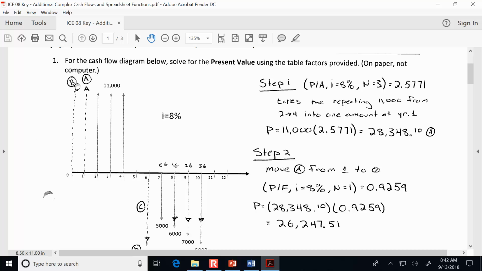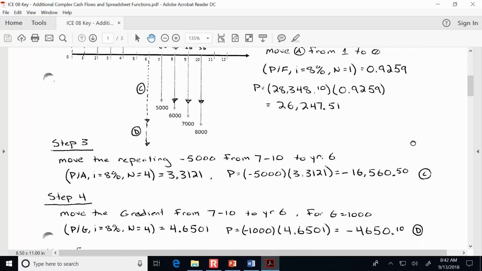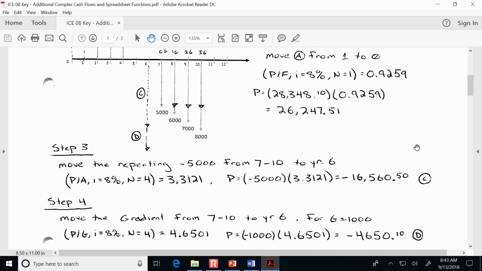So we now know the present value of the inflow. We can turn our attention to the present value of the outflow. So there's a gradient and an annual series. In step 3, what I'm doing is I'm moving the annual series to year 6. And in step 4, you'll notice, just because I don't want to lose track of when the actual year 0 is, I made this secondary time axis on top here.